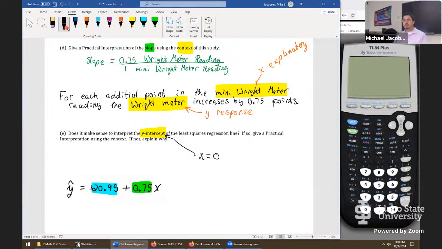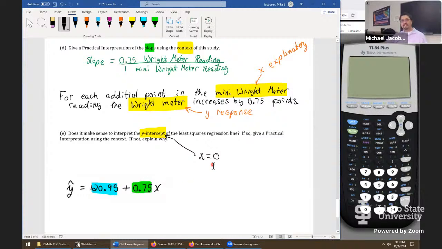The study wouldn't continue any longer. Can anyone see what the problem might be if you got a value of 0? Well, if we put 0 in, it would wipe out this, and you'd get 120.95. 0.75 divided by 0. Oh, that would be undefined. We couldn't divide by 0 for that, yeah.